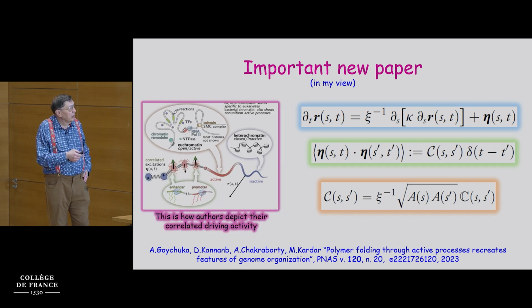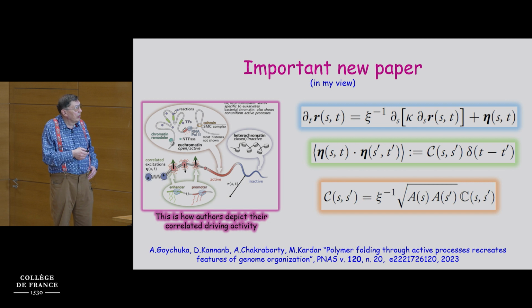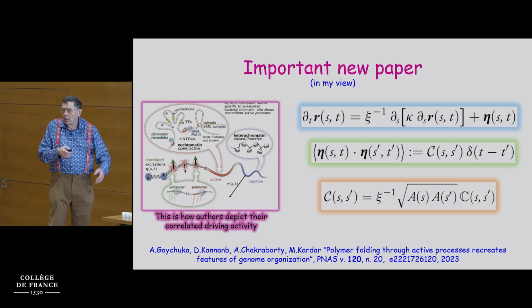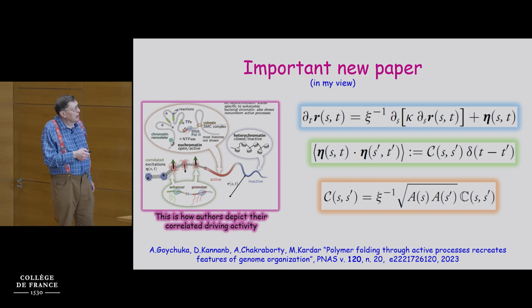So this is their drawing, how they depict it. They imagine that there is maybe a red piece of your polymer, and on this piece there is an enhancer and a promoter of the same gene, and somehow they work in concert, and if something happens to one of them, it also happens to the other.